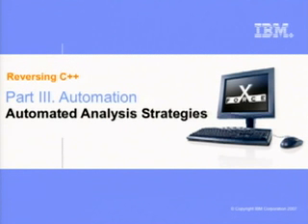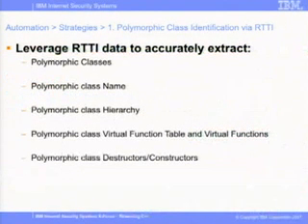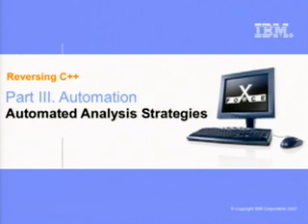Here are some of the strategies that we use. It's good if you have RTTI info, but when RTTI is not available, we resort to some heuristics to do the automation.